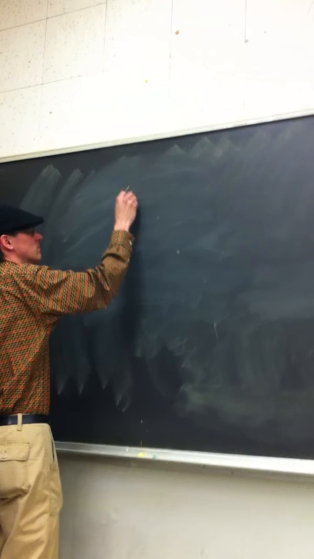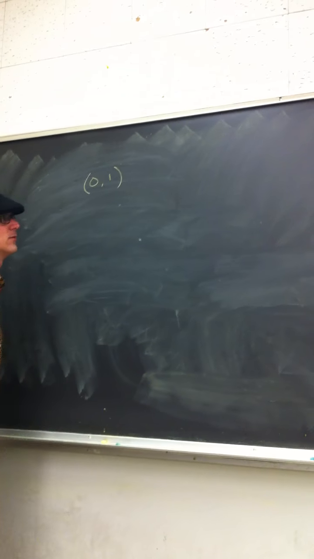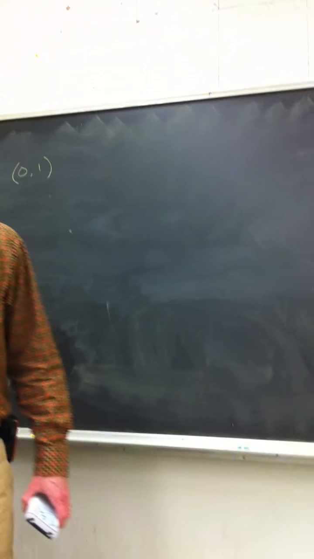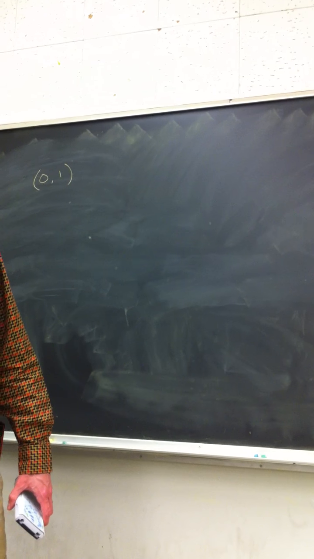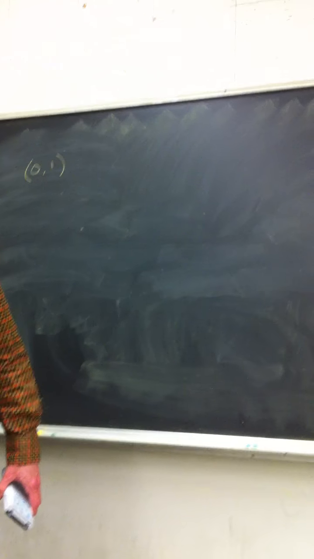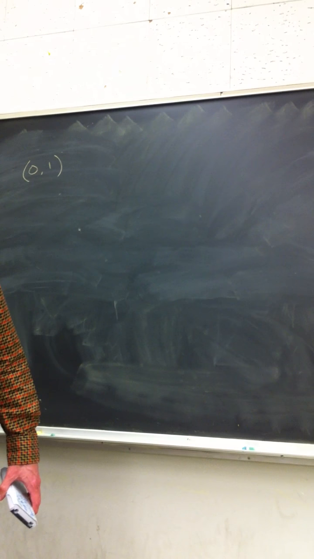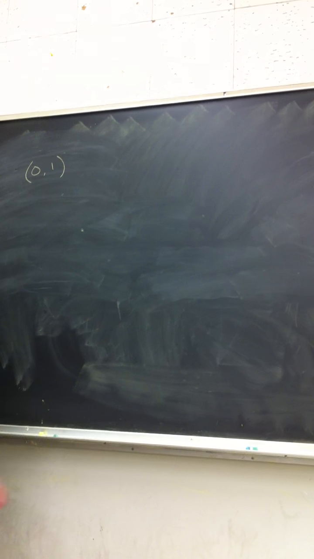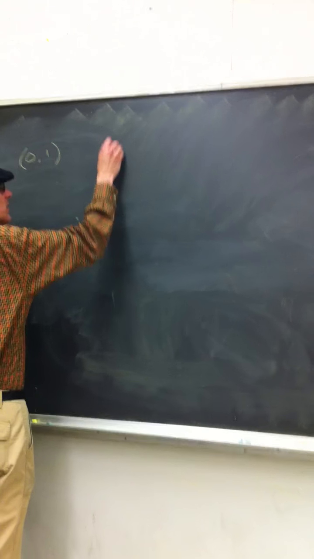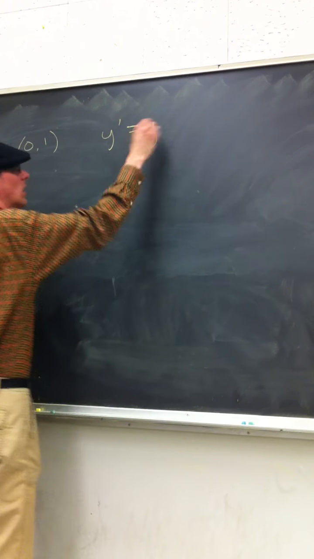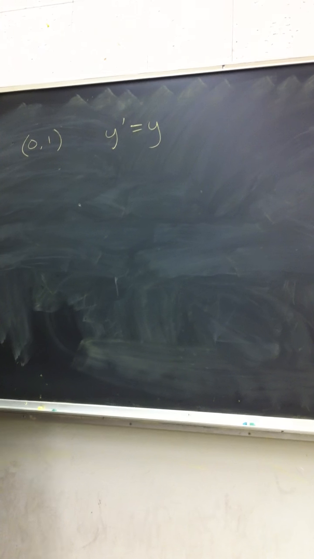So, that's the initial information. Our differential equation is y prime equals y. There it is. It took me a second to find it in the problem. Y prime equals y. There it is. Right?